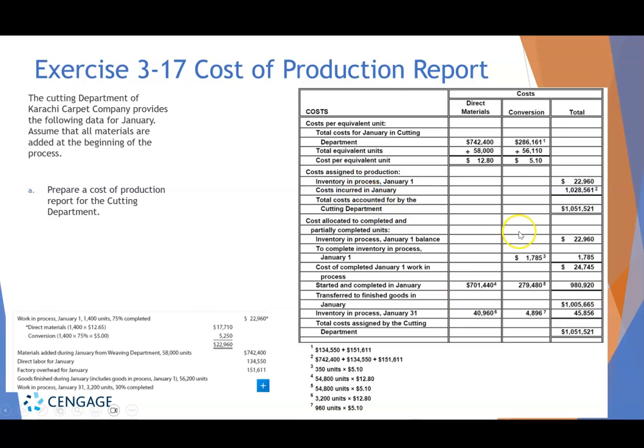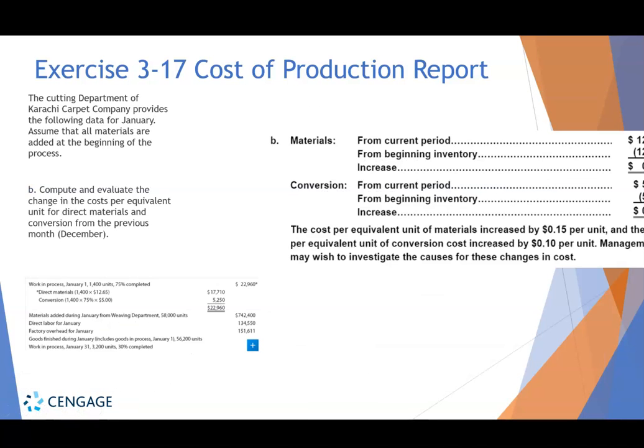So the total cost to be accounted for, you see, we balance based on everything from the beginning inventory, what was transferred out, and what's sitting in work in process at the end.